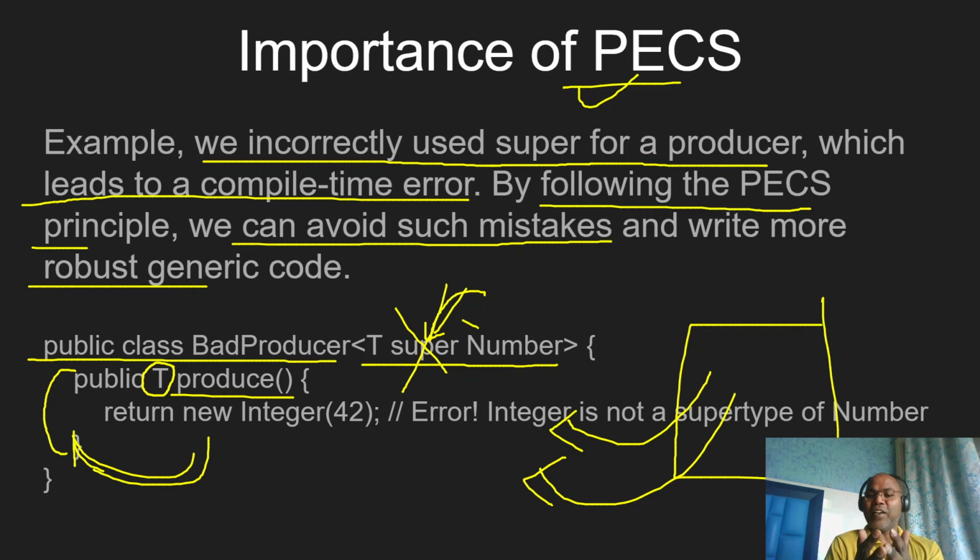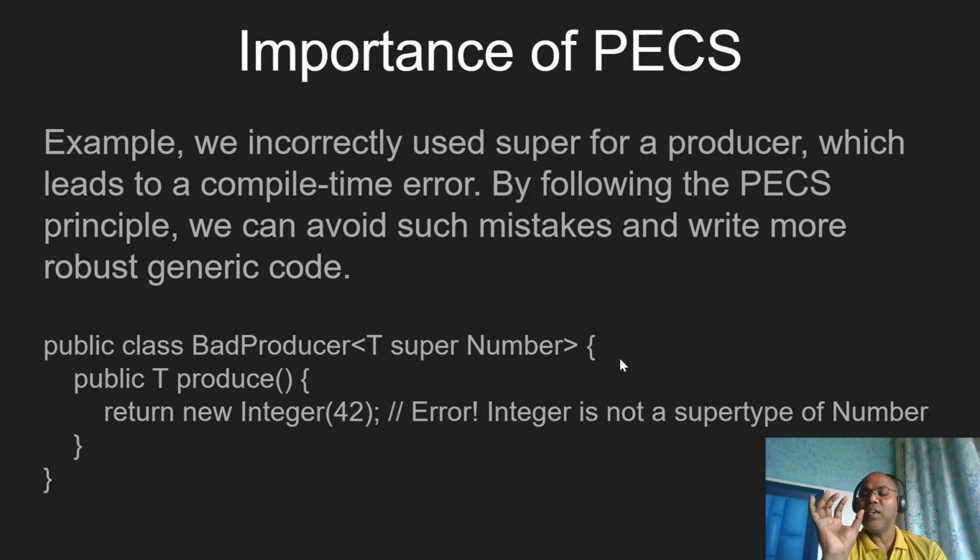And similarly, hey, consumer, consuming value, that means we use super. So this PECS principle helps us avoid compile time errors and also helps developers easily understand where I can use extend and where I can use super.